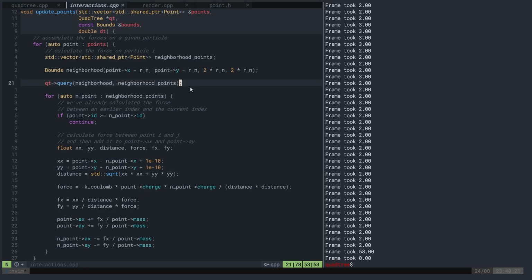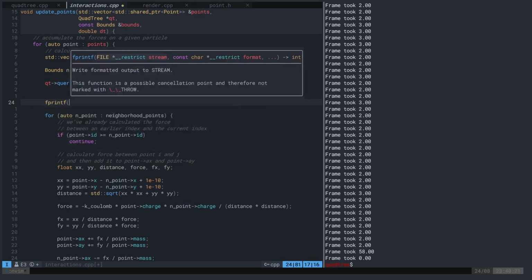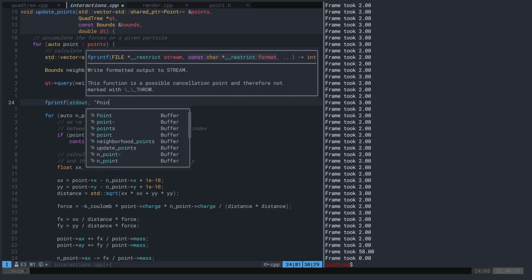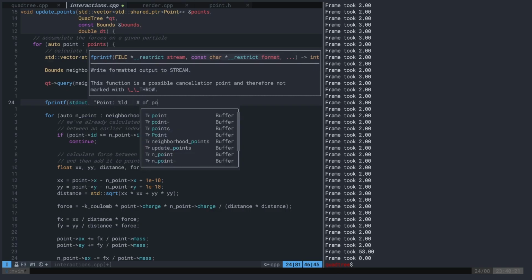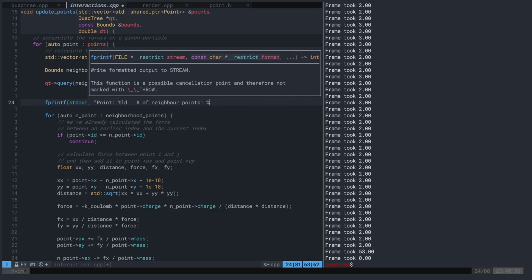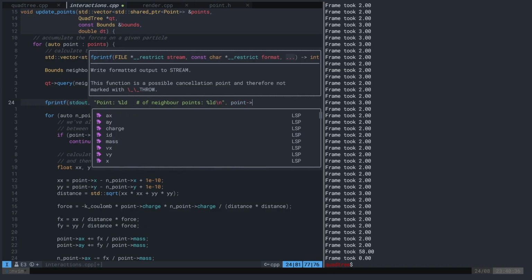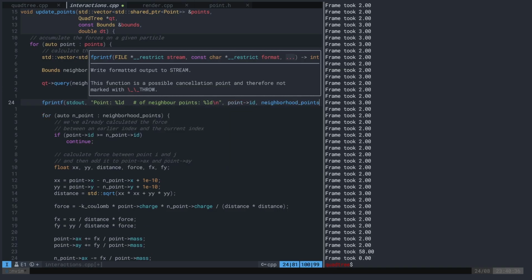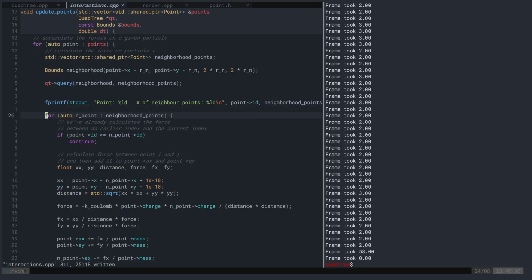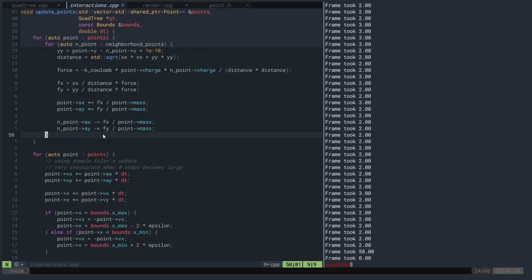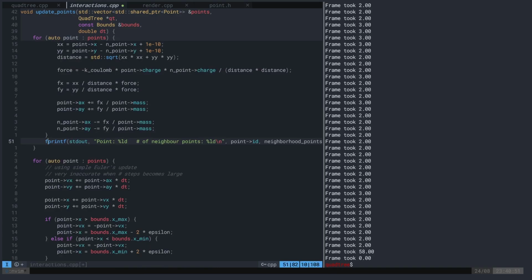So let's put some debug statements. Like so, and then down here, let's also print out the force, or sorry, the acceleration.